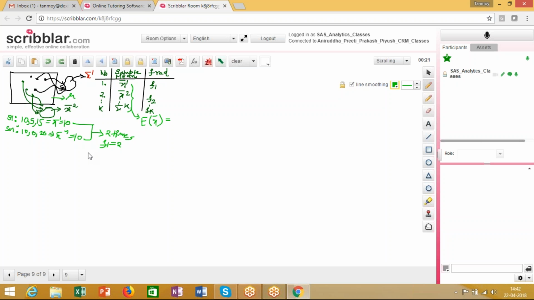The expectation is nothing but the long run average of a random variable.